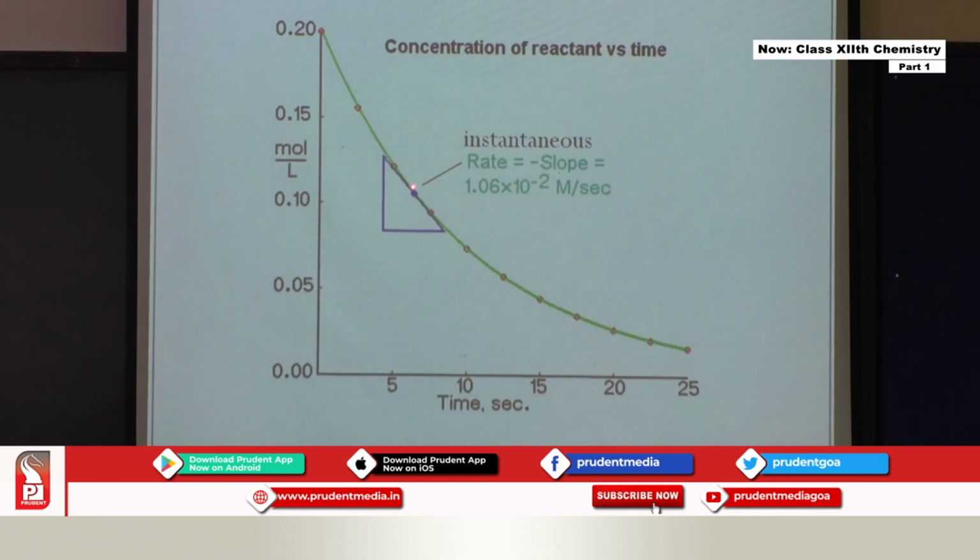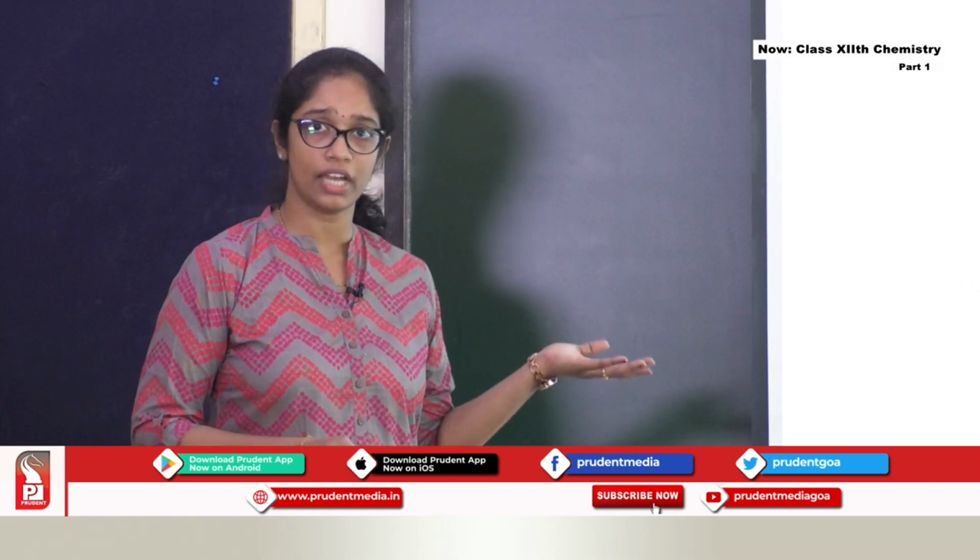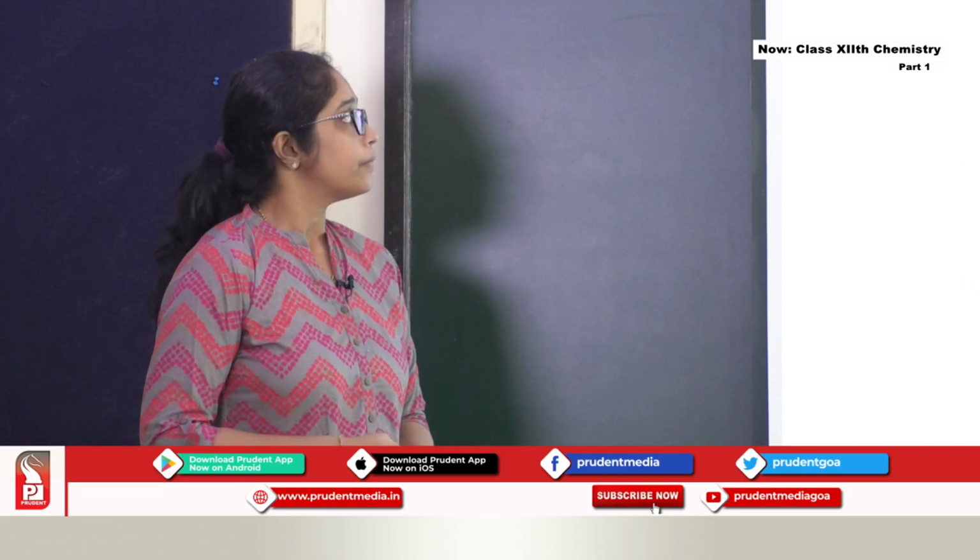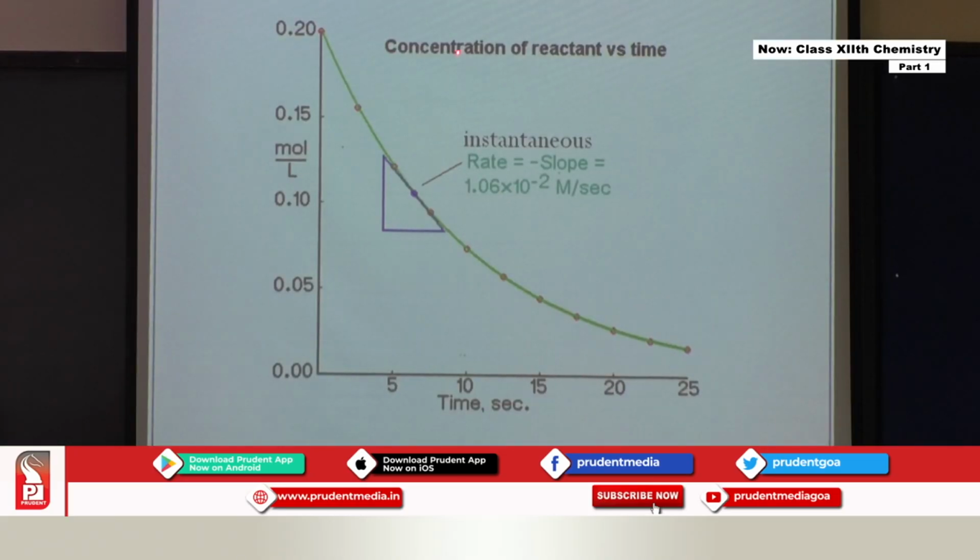That's how you calculate instantaneous rate. Even if the values are given to you, you won't be able to calculate instantaneous rate because you need to know the plot. You need to plot a graph, draw a tangent to the curve and then calculate it using the slope. So that's going to be instantaneous rate.